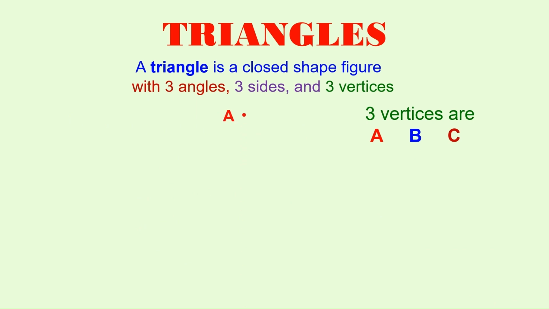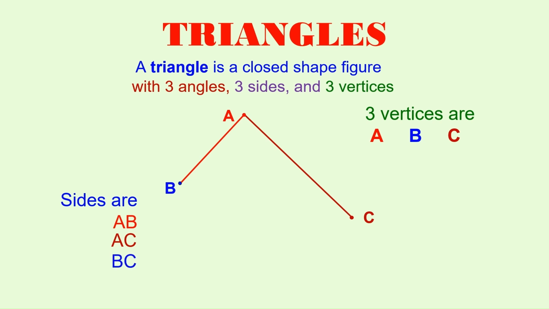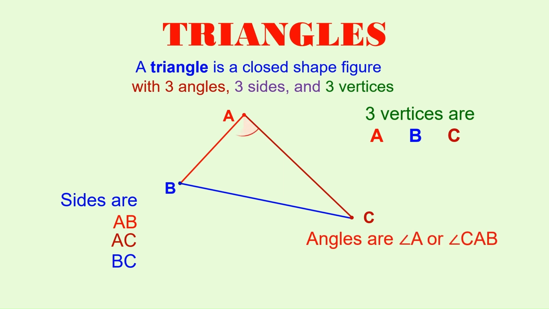The three vertices are A, B, C. Sides are AB, AC, BC. Angles are angle A or angle CAB, angle B or angle ABC, angle C or angle ACB.